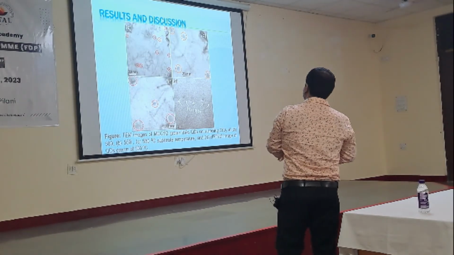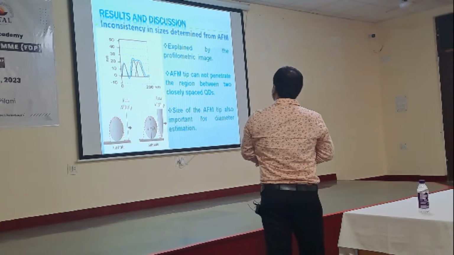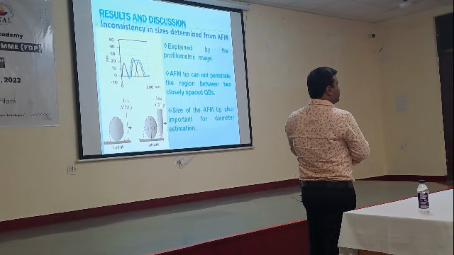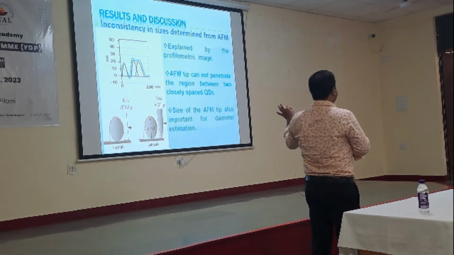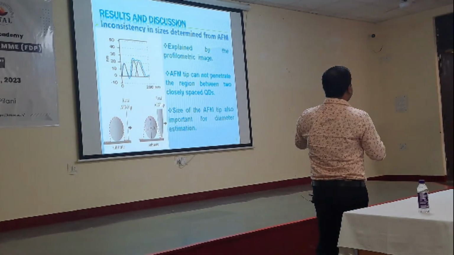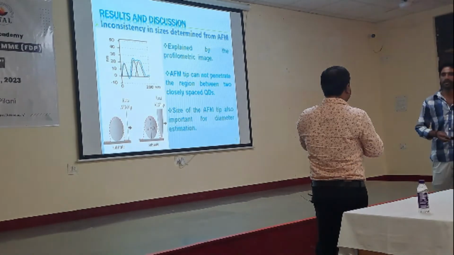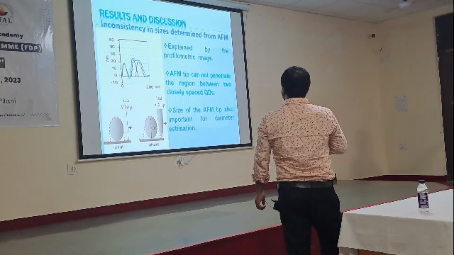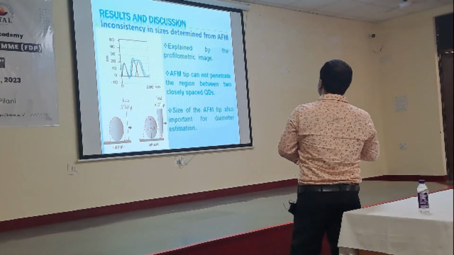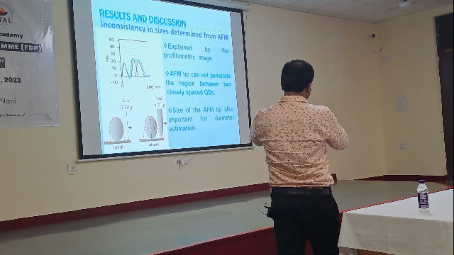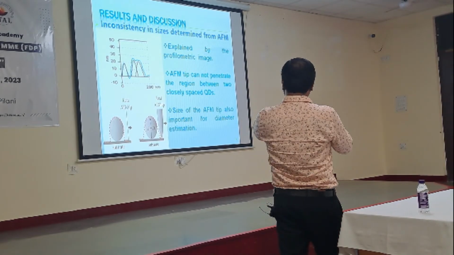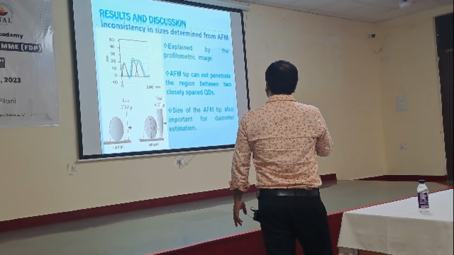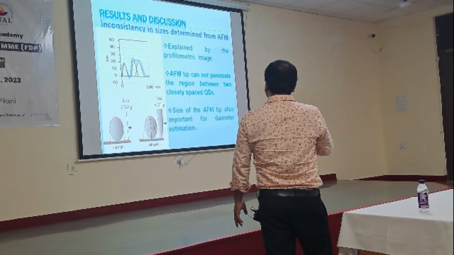Okay, next. Now, another important question you may ask me: when I did the material characterization with AFM, the indium arsenide size is quite bigger, but when I did transmission electron microscopy, the size is quite lower. Why? In case of AFM, this is the actual AFM tip. When you scan the surface, suppose this is round shaped, the tip cannot penetrate this region. It will raster scan through this one.